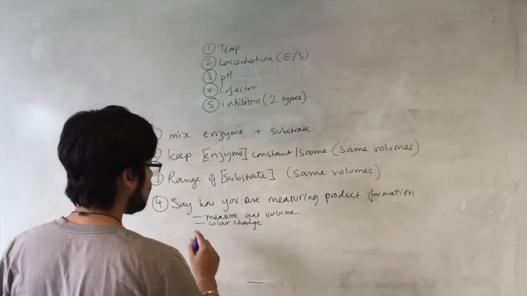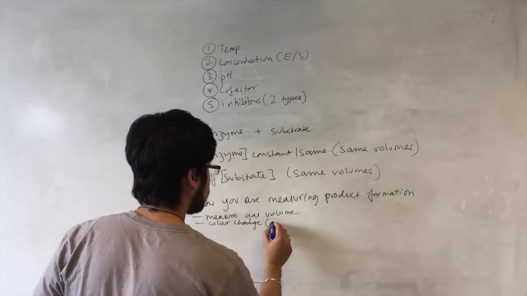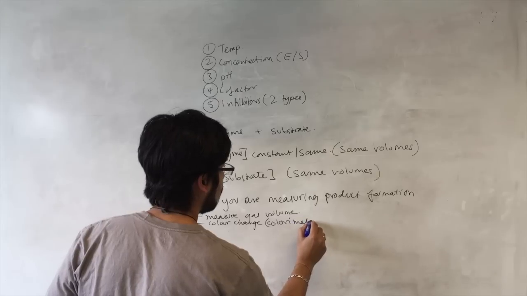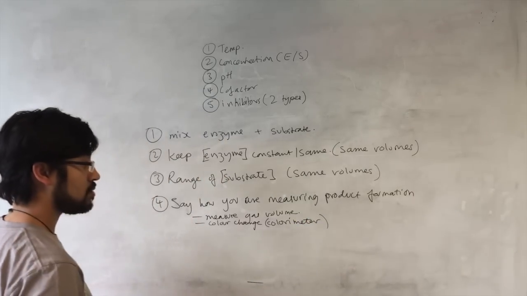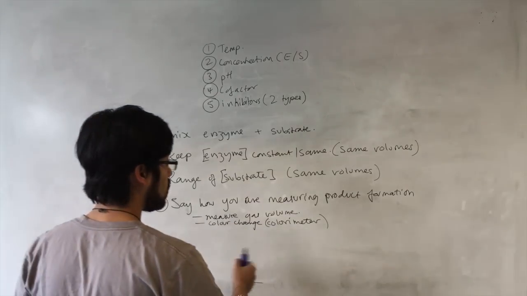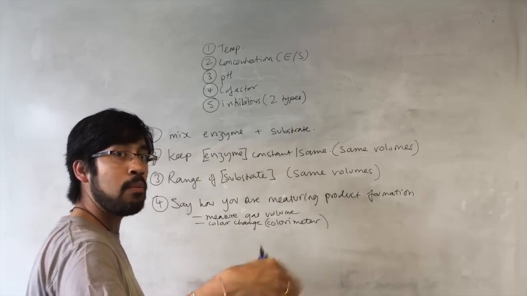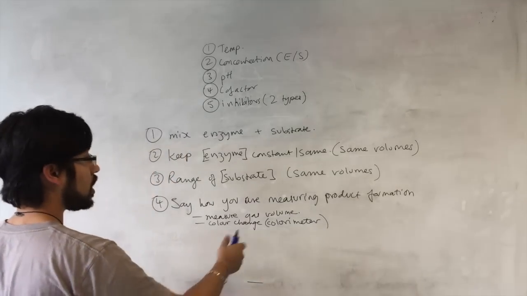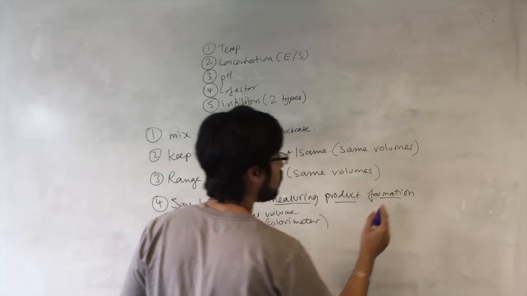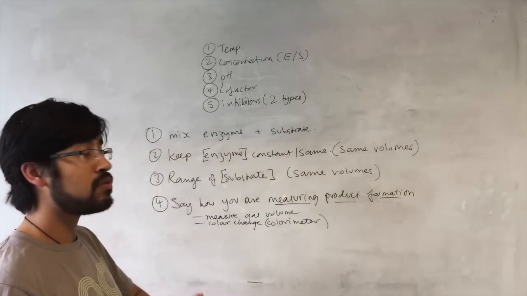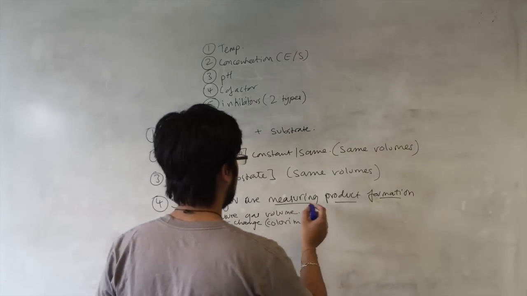It might be a color change, so you're going to measure the color change. If that's the case, you'll have to use a colorimeter. Very important. You're going to measure the intensity of the color, and that will give you an idea of how much of the product has been made. You're measuring product formation, or it might be that you're measuring the rate of disappearance of substrate.